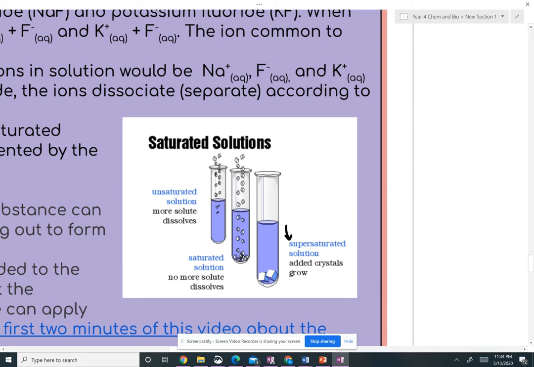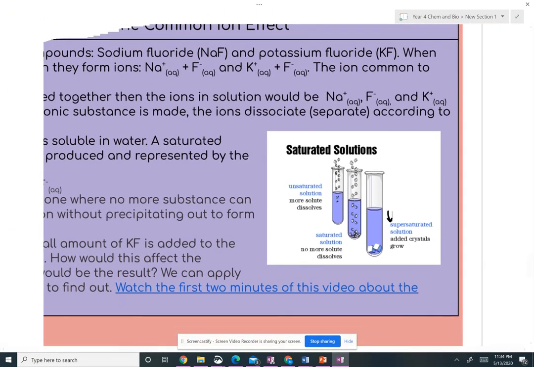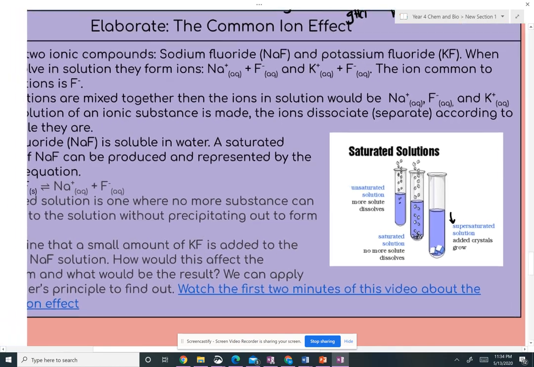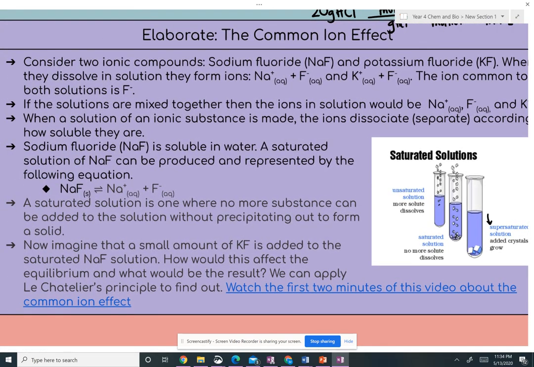That means you can add and add all you want, but in the end you will get these crystals. I have to go over that so that you understand what soluble and such mean when we're talking about that, and what you will see in some of these equations.